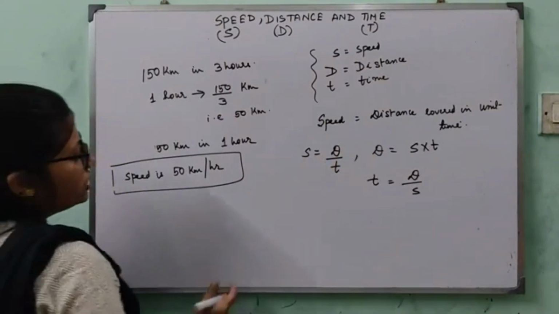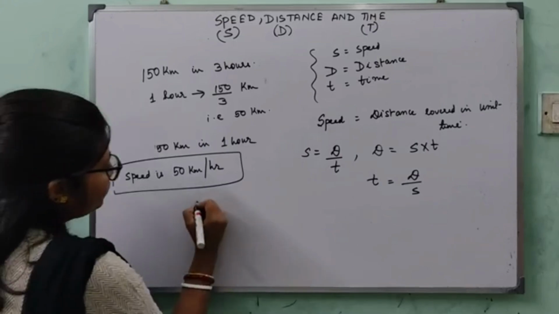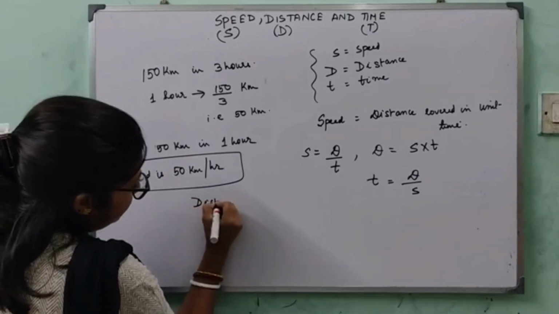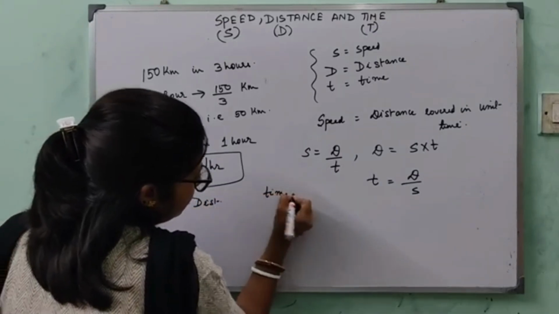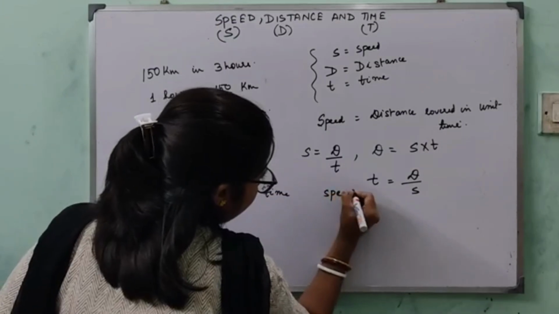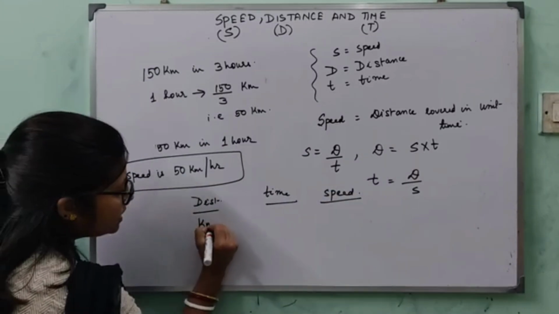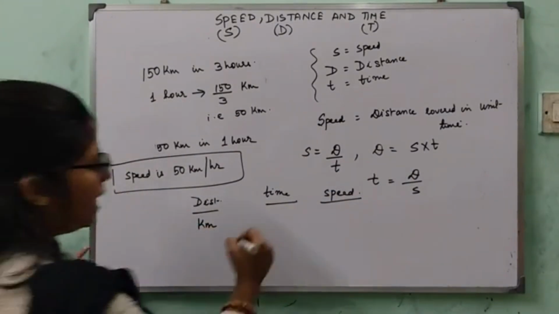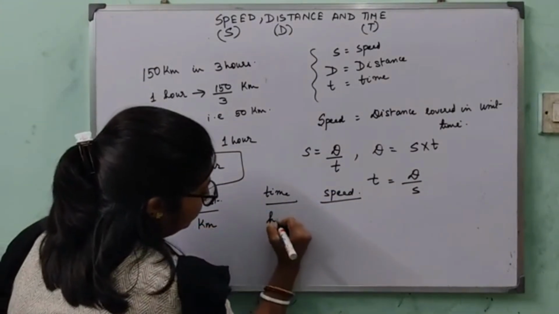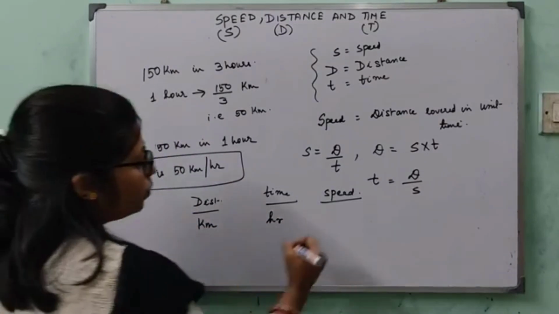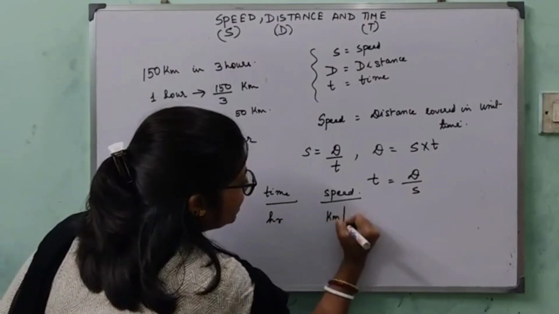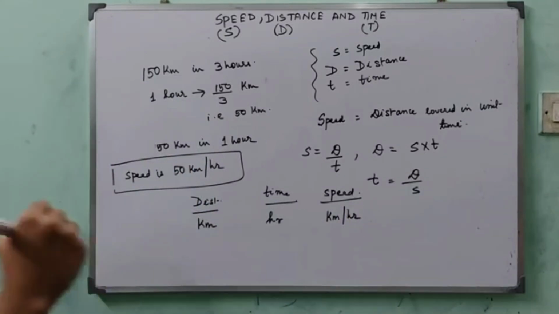Now we have to know certain things about the units. If your distance is in kilometer and time is in hour, so your speed will be in kilometer per hour.